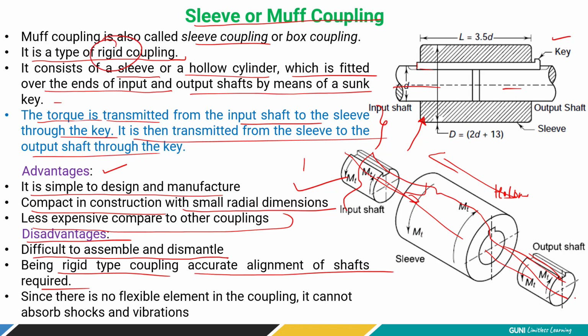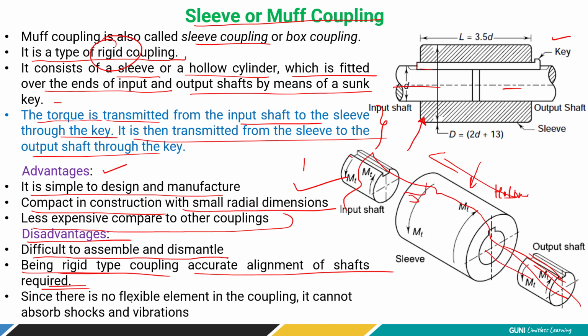So if the output shaft and input shaft have some misalignment, let's say 0.1 millimeter of axis, it is not going to work. You cannot use this coupling because it does not permit any kind of misalignment, right? So you have to have proper alignment of the input and output shaft. This is the requirement. So you can consider these disadvantages, right?